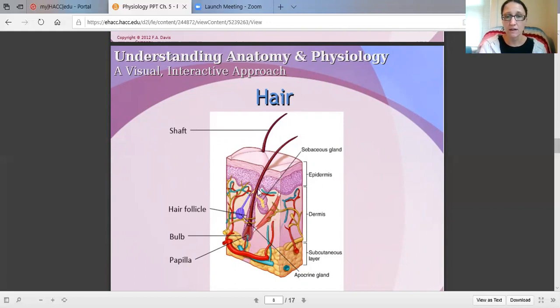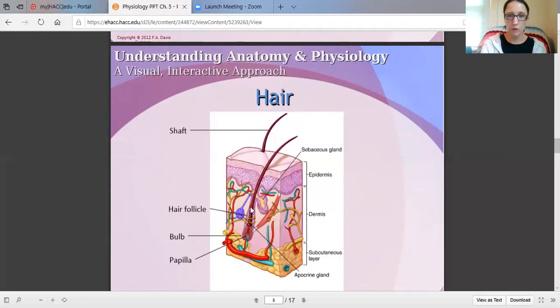And that's what gives hair its appearance and its texture, and of course its color. We'll get into that in a little more detail. So this whole thing is called the hair bulb. This piece right in here is really the root, and the root is the only part, again, that's alive.